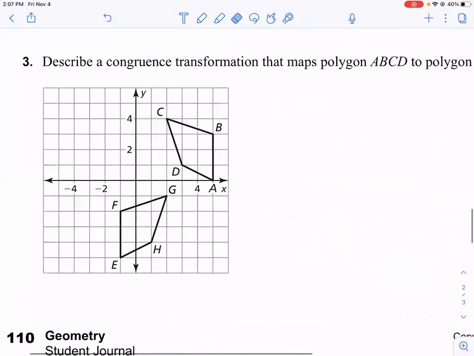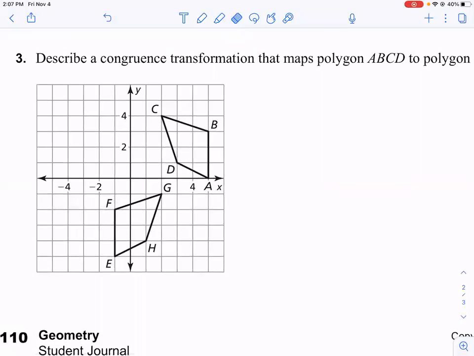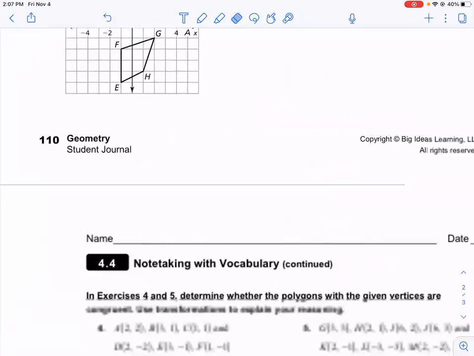Okay. So let's try again. Here's number 3. We are starting with ABCD. How do we get to EFGH? Try it.